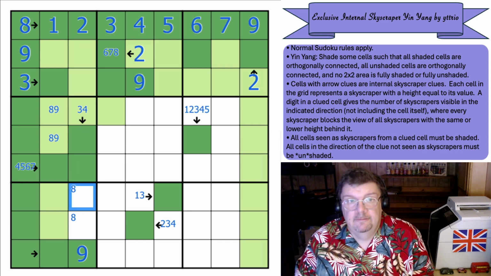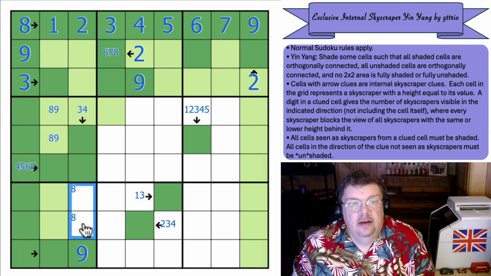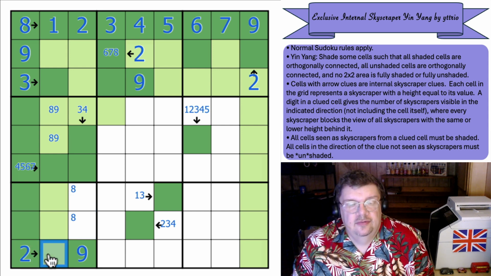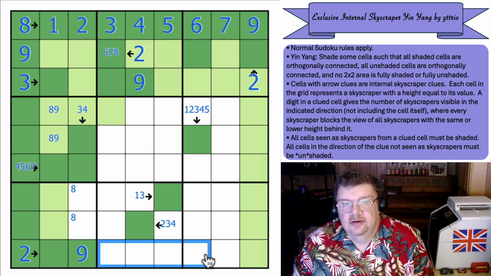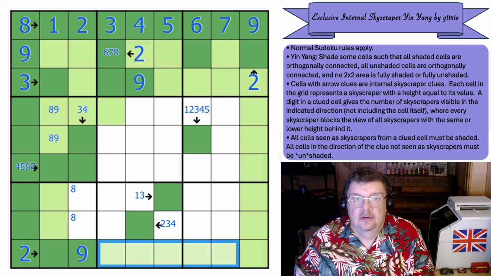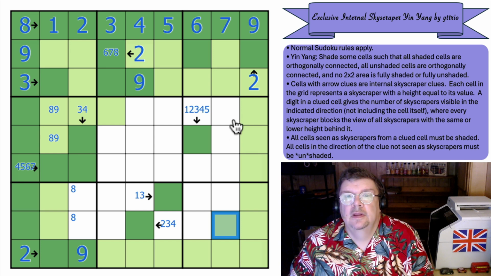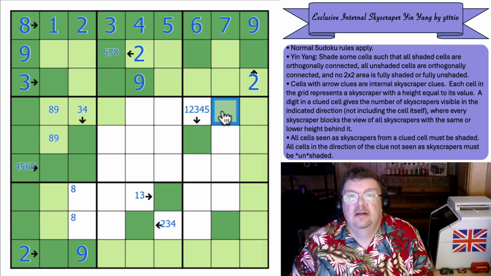So that's not a 9. And then one of those two is an 8 and will be shaded. But we can now make this a 2 because that sees those two and all of these are unshaded. We can now shade that cell. We can shade that cell for avoiding 2x2s.